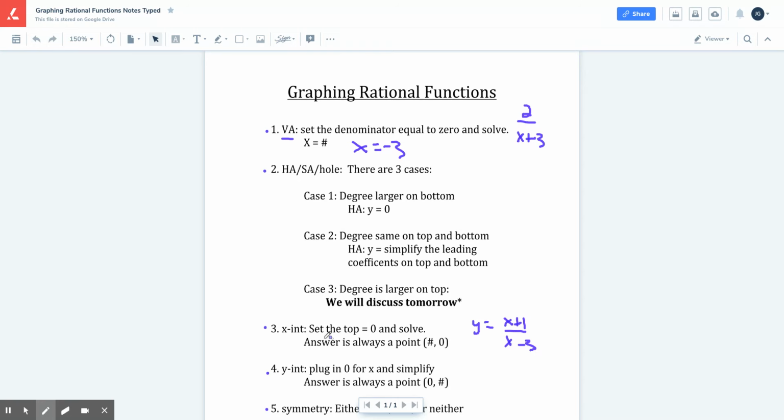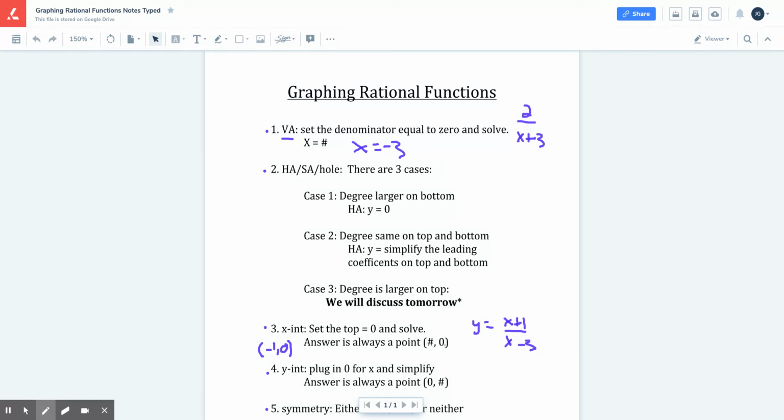So that means negative 1 makes the top equal to 0. My x-intercept for that example would be negative 1, comma 0. You write it as a point. Do not just write negative 1. It's always going to be some number, whatever you get to equal 0, comma 0. That's how you write an x-intercept.